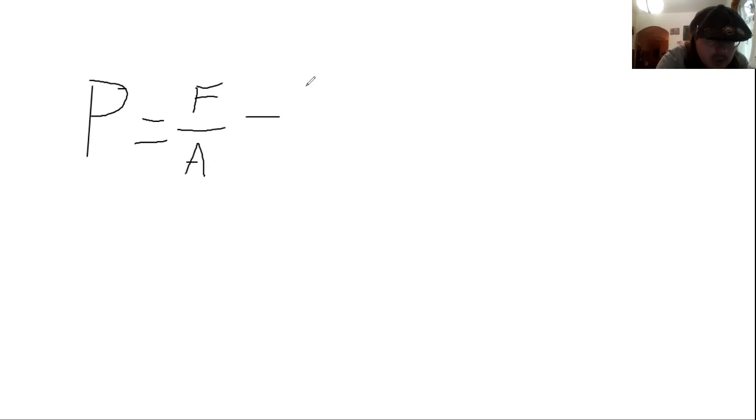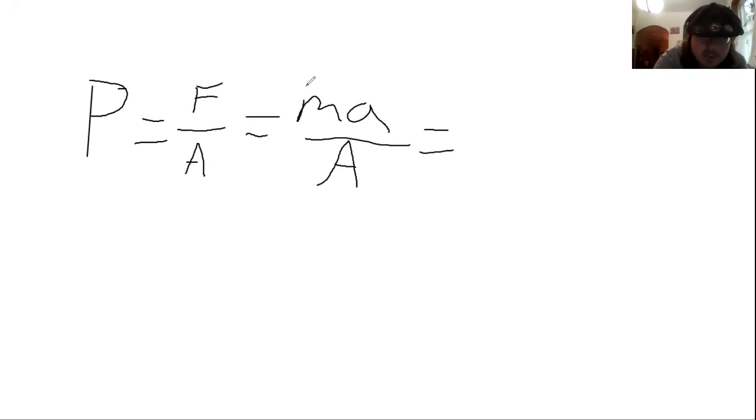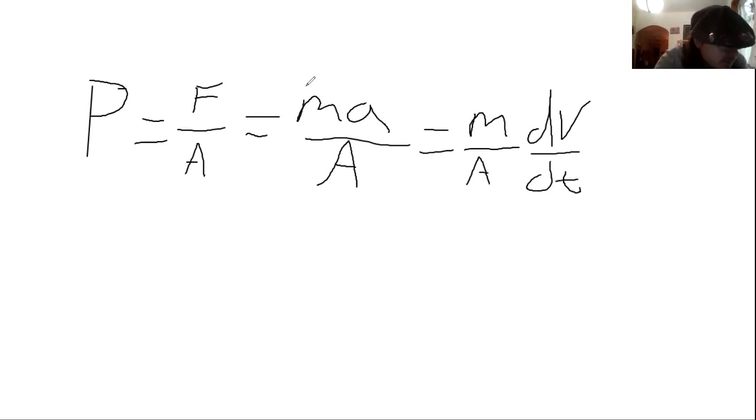But force can also be described as mass times acceleration, so mass times acceleration over area. And acceleration is defined as the change in velocity with respect to time. So mass over area, factoring that out, times change in velocity over change in time, dv/dt. Now, momentum is defined as mass times velocity.